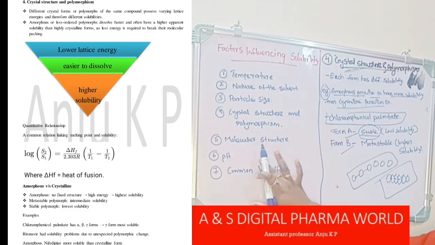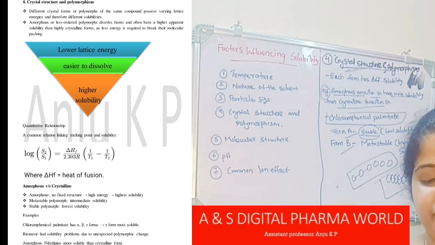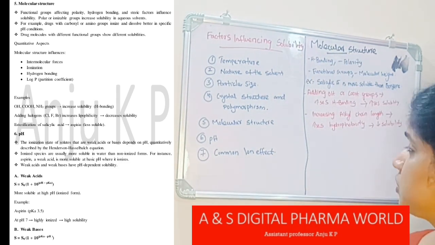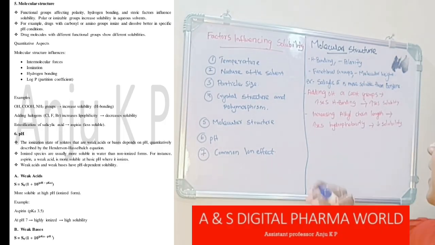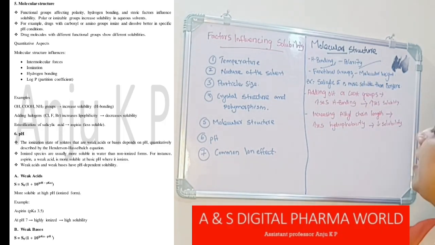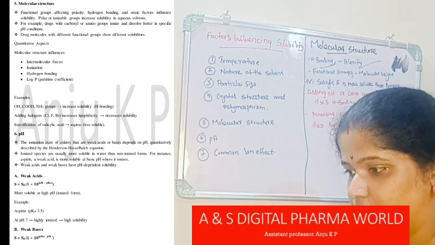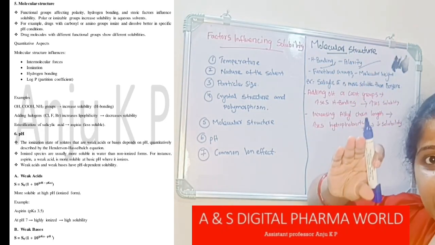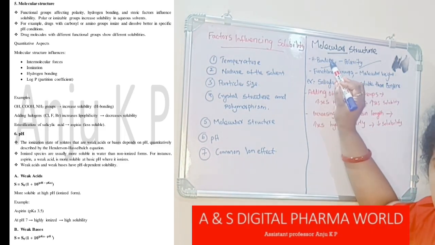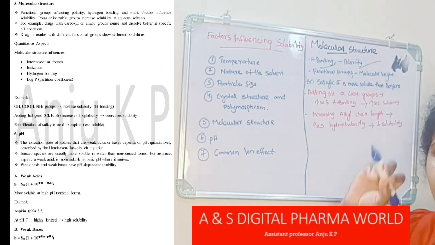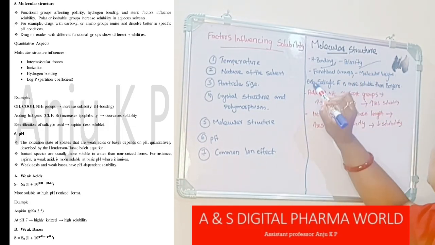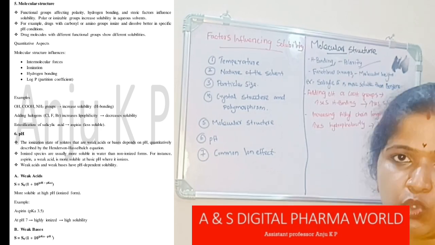Now we will see the next one, molecular structure. The structure of a molecule will determine hydrogen bonding, polarity, functional groups and molecular weight, and these influence the solubility.